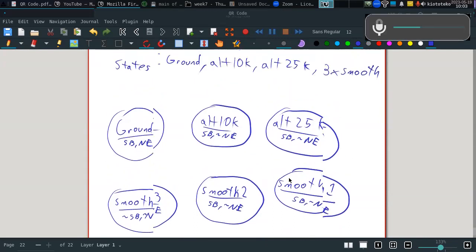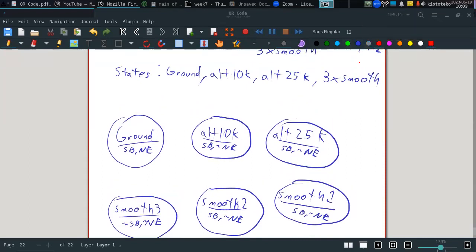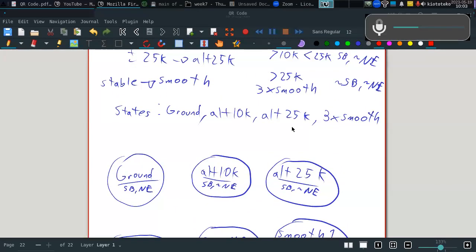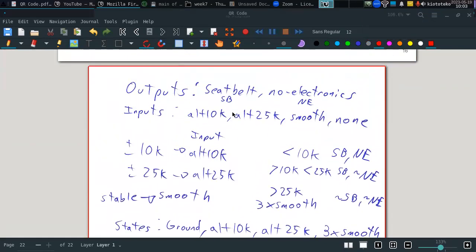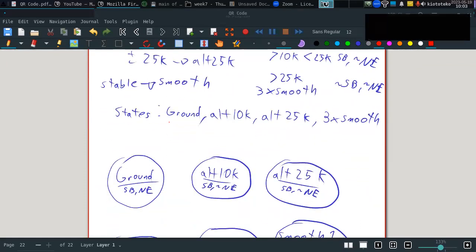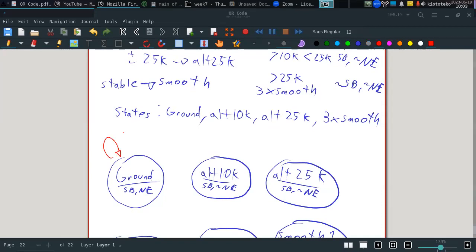Now it's time to figure out the connections between all these states. So if you're in ground, if you receive, what are our inputs? If you receive the smooth or none signal, that means we're still in the ground, no? None or smooth. Or well, we are maybe not at the ground, but flying at an altitude that is lower than 10K.